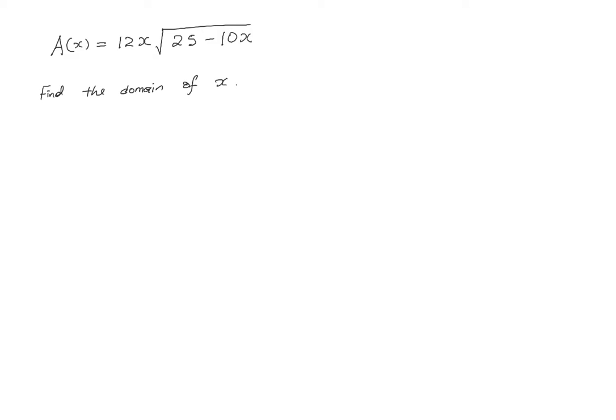If x is the measurement of length, so straight away, therefore, x must be greater than or equal to 0, because it's a scalar quantity. So a scalar quantity cannot take a negative value. Okay, what else?